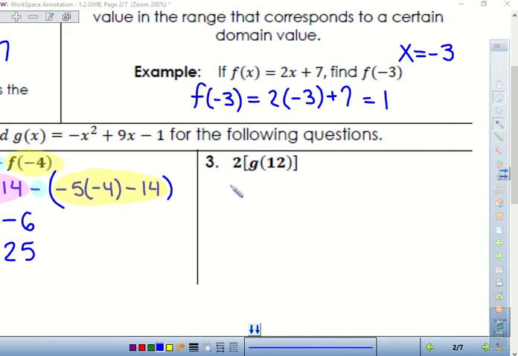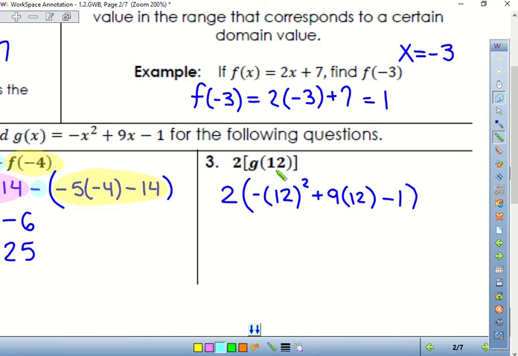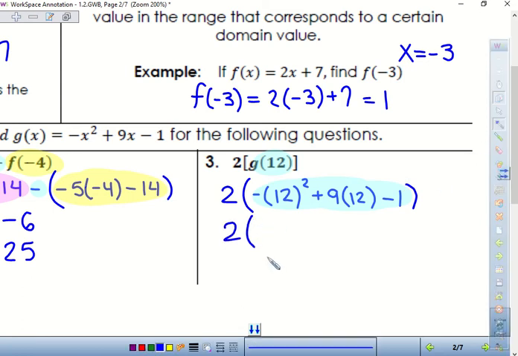Next one, we're just going to take the g of x function and replace each x with 12. And then we have that times 2 on the outside that we're going to apply later, okay? So that is just this. Alright, what is 12 squared? Good, but it's made negative.